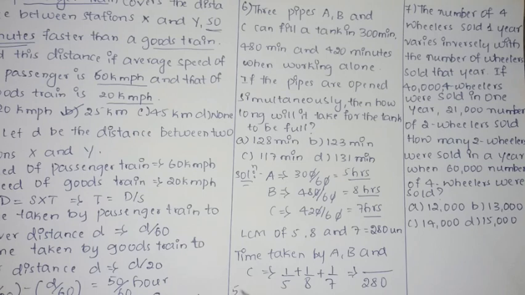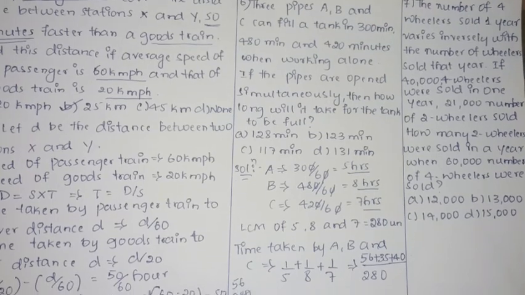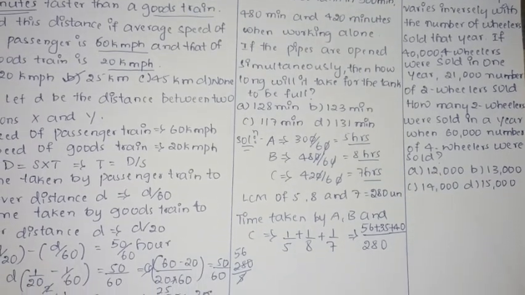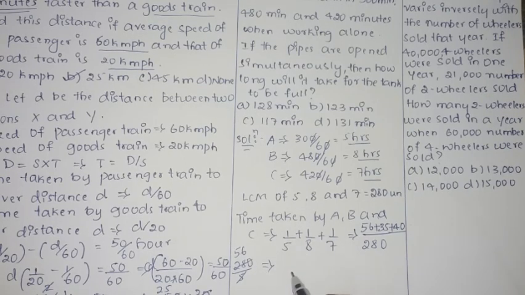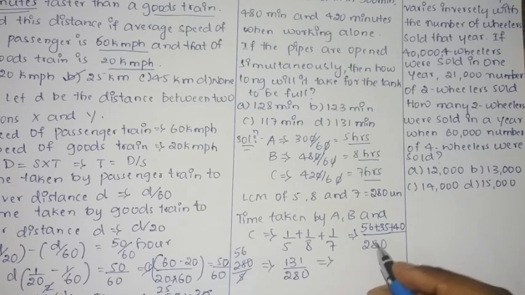So 5 5s are 25, then 5 6s are 30, so you can say 56, plus similarly 280 by 8, you will get 35. Then the remaining, with respect to 7, you can say 40. So you are going to add everything. 56 plus 35 plus 40 will give you 131 divided by 280, and here you need to find the time taken.